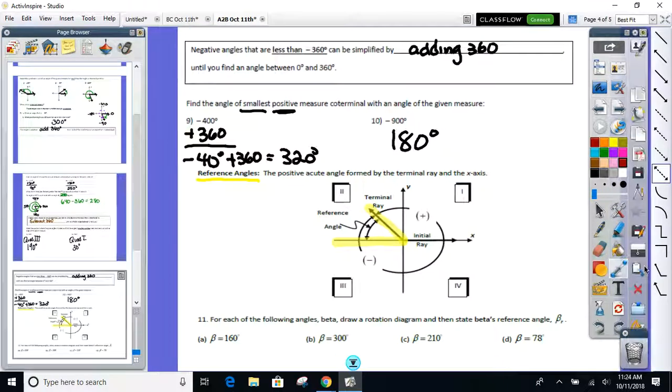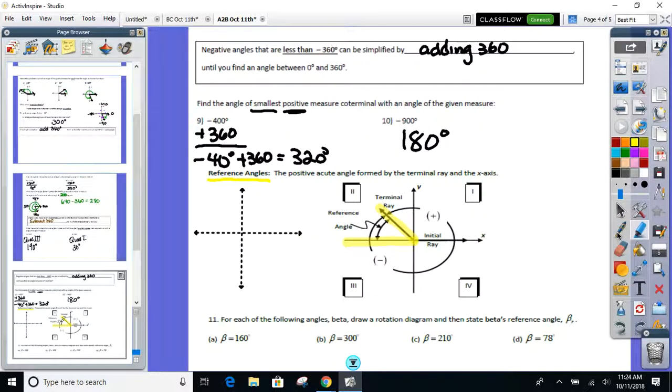Can you guys please do me a favor as I walk around right now? Can you graph an angle in standard position in the third quadrant for me? I'm not concerned about the degree measure. I just want that beast in the third quadrant.